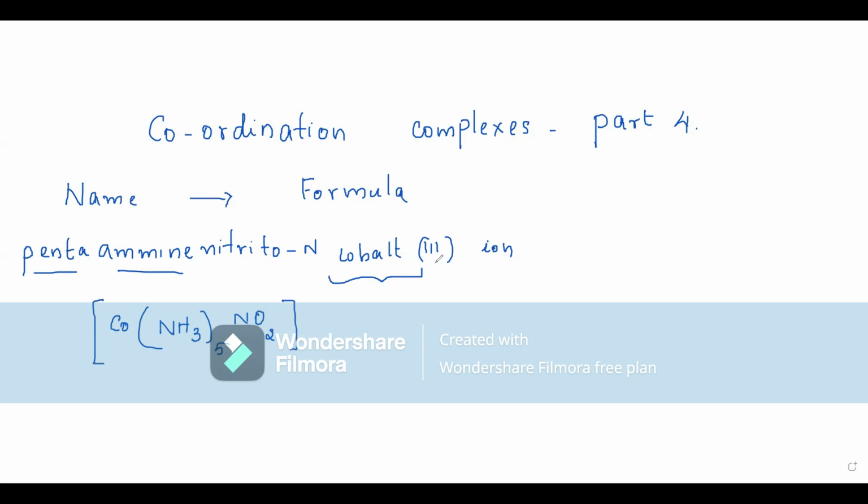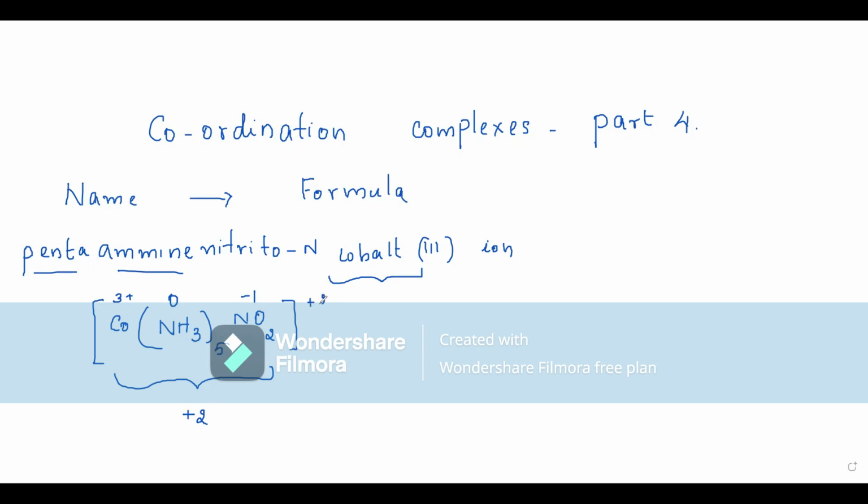Now, the charge on the complex can be calculated using the oxidation number of the metal, which is given. So this is 3 plus, this is 0, and this is minus 1. So the net charge here is 3 plus and minus 1, which is plus 2.